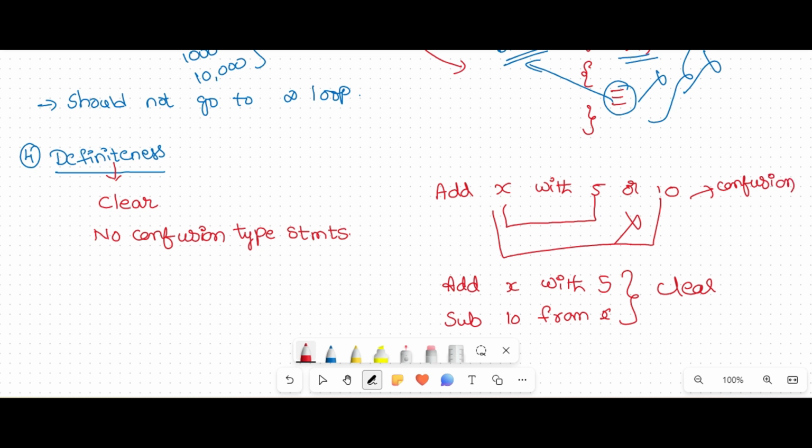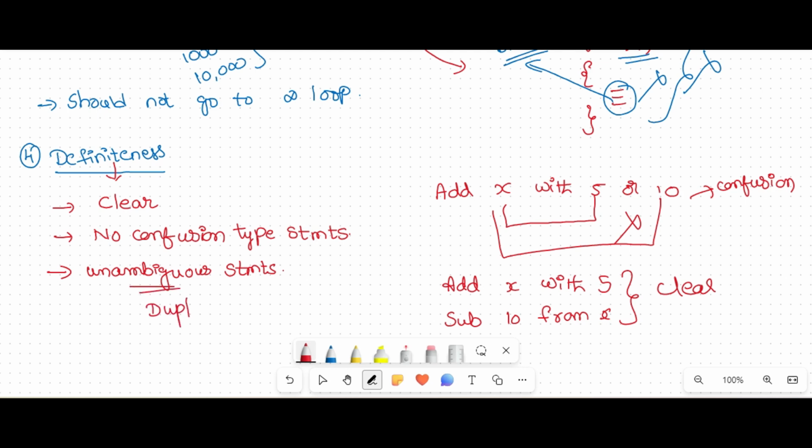Confusion type of statements should not be written. In another way, you can say unambiguous statements.